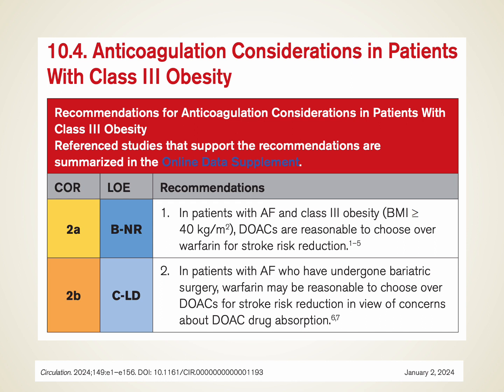We actually look at varying doses based on obesity. That's true more so for the low molecular weight heparin than it is for the DOACs, but there's some evolving questionable data about DOAC dosing adjustment perhaps in obesity, but those aren't considered as a standard recommendation compared to other drugs.